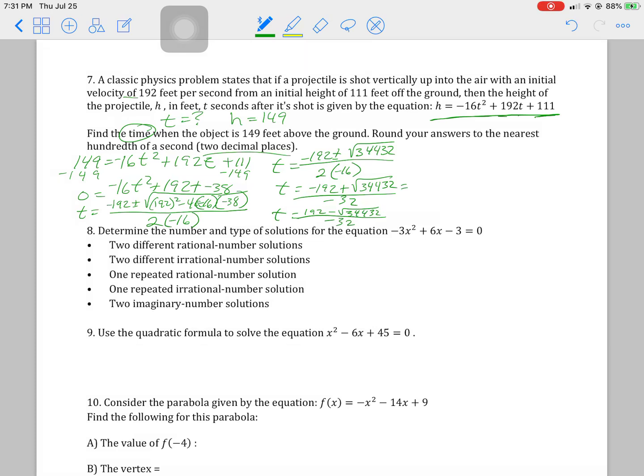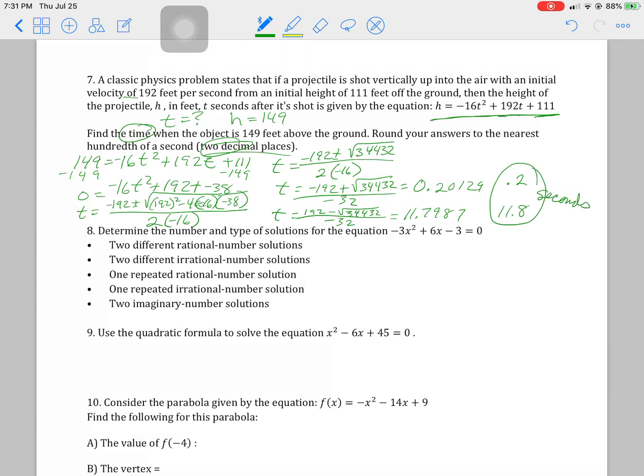All right, so this is going to crunch out to be 0.20129, and they want 2 decimal places, so 0.2. And this one's going to be 11.7987 rounded to 2. That 8 makes that go all the way up to there.